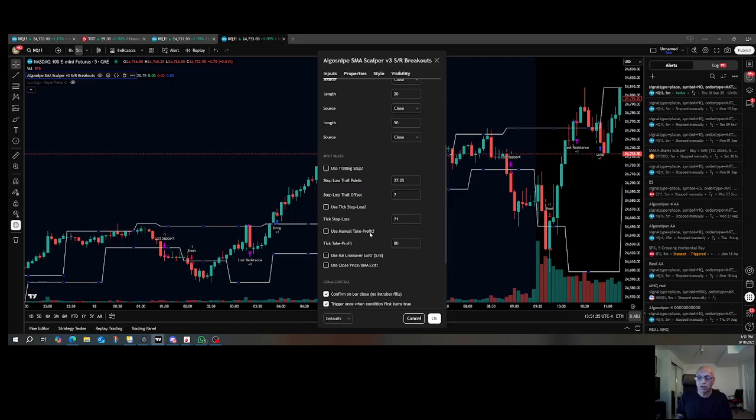Use manual take profit. It will enter the trade for you when you click this, but it won't close the trade for you, even though it shows it here, because I put a limit here of 80 ticks. 80 ticks is $400. I put a $400 profit, in case I forget to close it, it will close the trade at $400.